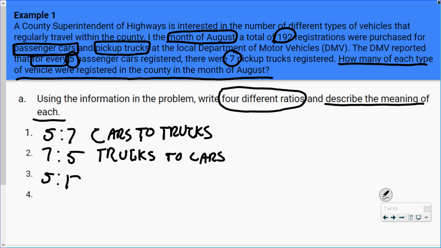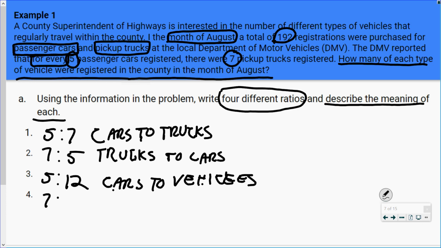5 to 12. So that's cars to vehicles. What else can we get? What's another one? Logan. 7 to 12.